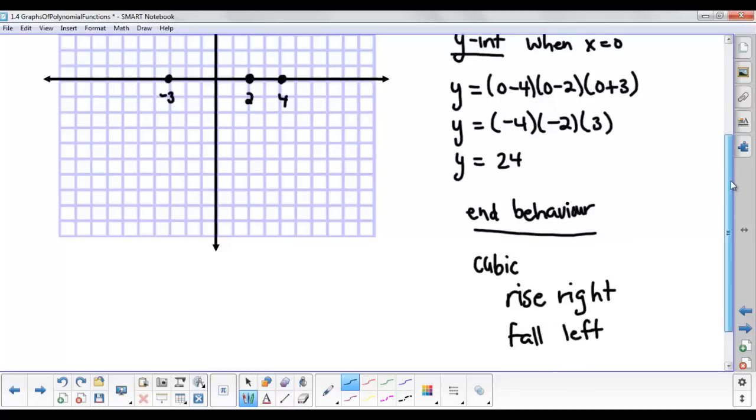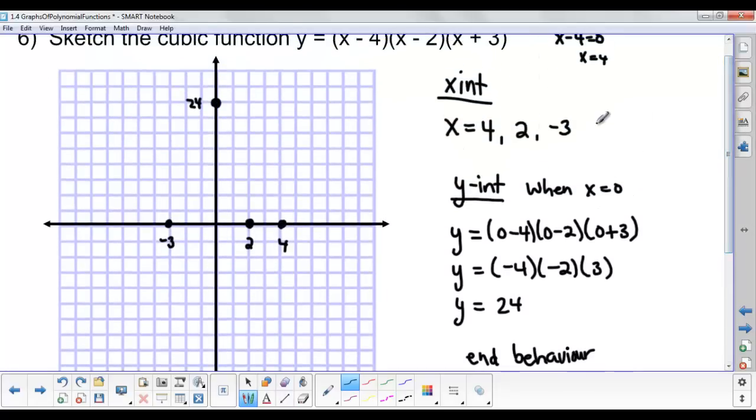And once you've determined all of this, then it's just a matter of connecting the dots. So I know that we are going to rise to the right and we are going to fall to the left. And then connect the dots. So I know I'm going to have a y-intercept here that eventually will connect down to this root.